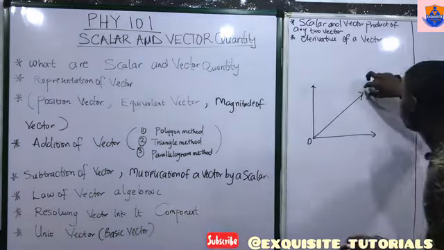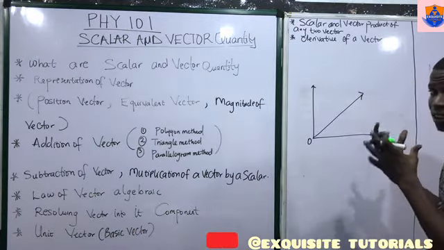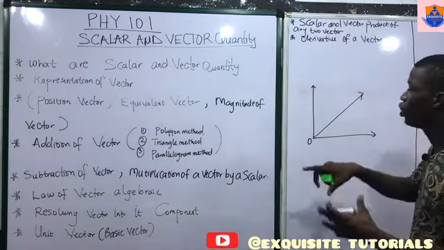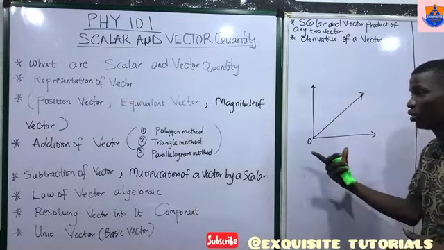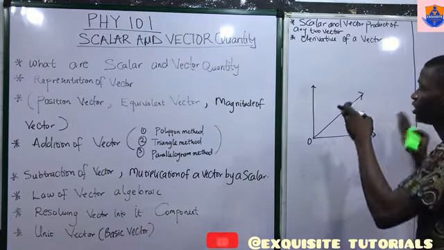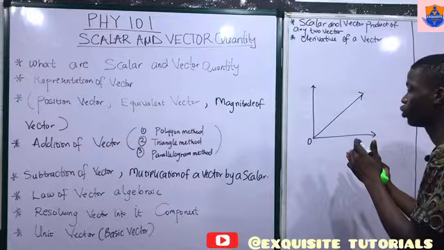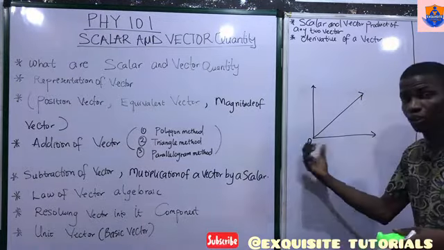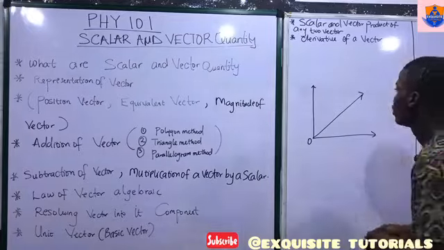The tail coincides with the origin, the fixed coordinate axis of any vector, which is normally the 0.